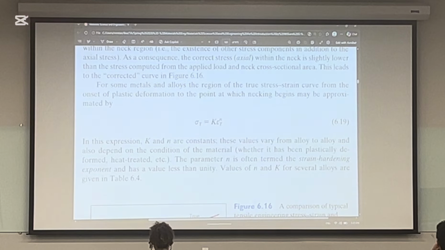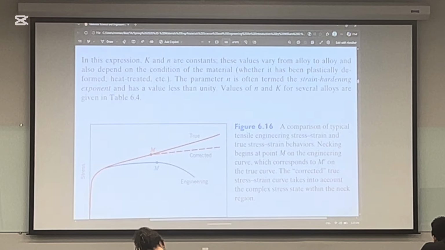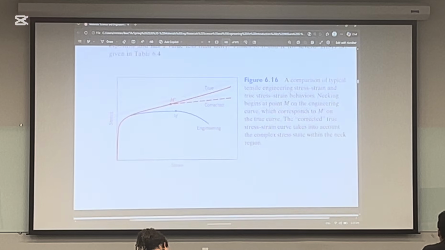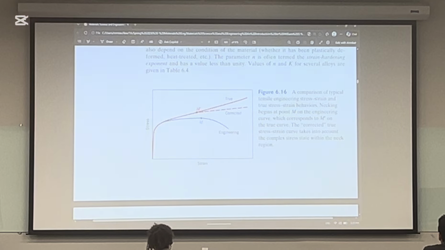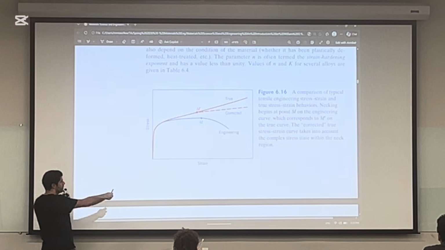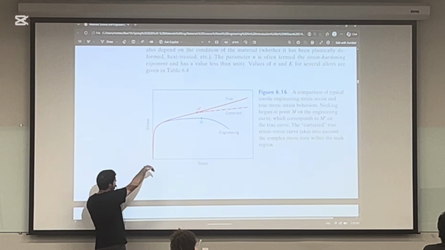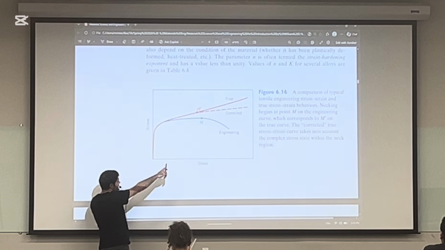Okay, so now you got the idea. Let's move to the questions. Oh, this is also, let's just look at it. If you have a tension test, for example, it's the difference between the true stress and the engineering stress.